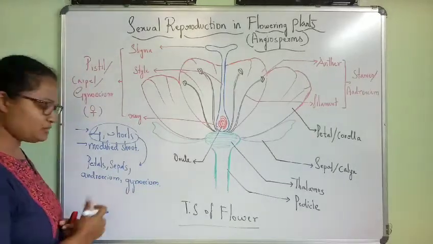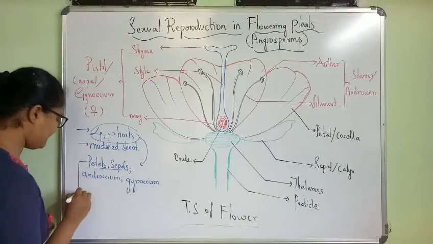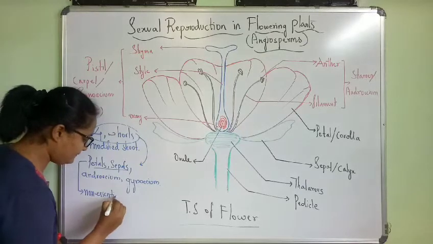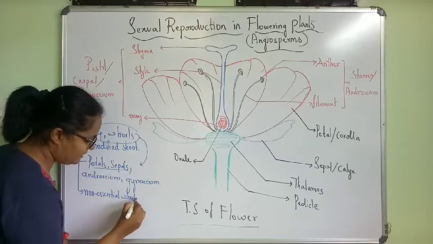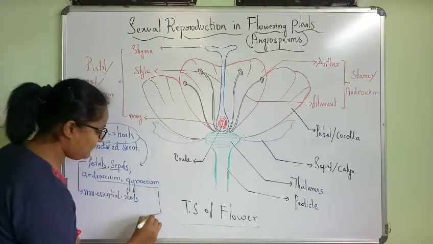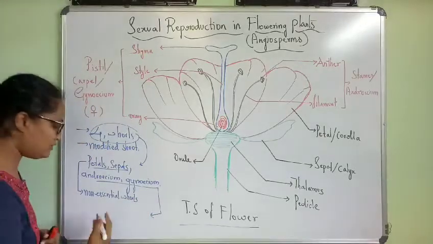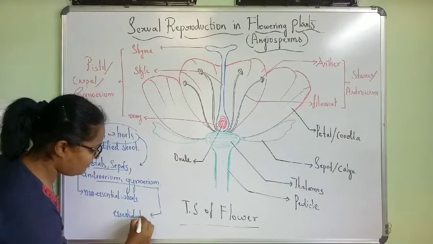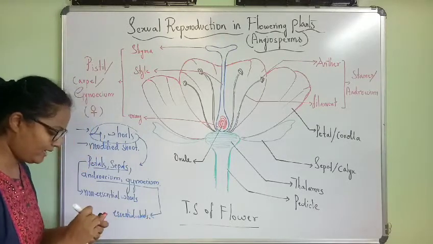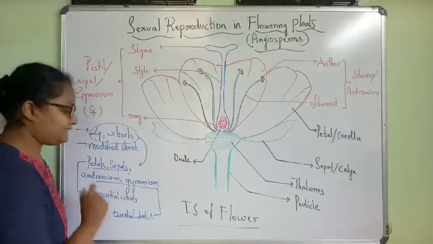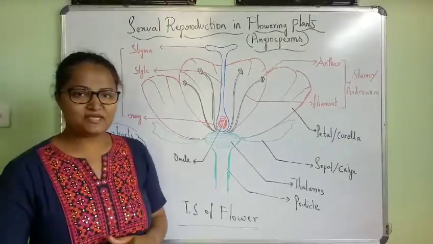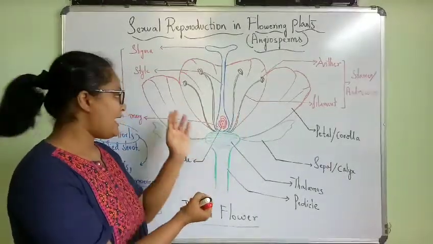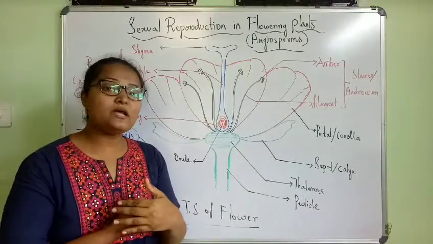Within these, petals and sepals are considered non-essential whorls, whereas gynoecium and androecium are considered essential whorls. It doesn't mean petals and sepals are useless. Sepals are meant for the protection of the floral bud, and petals are meant for pollination.